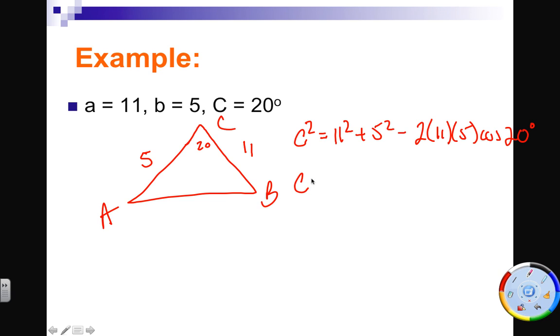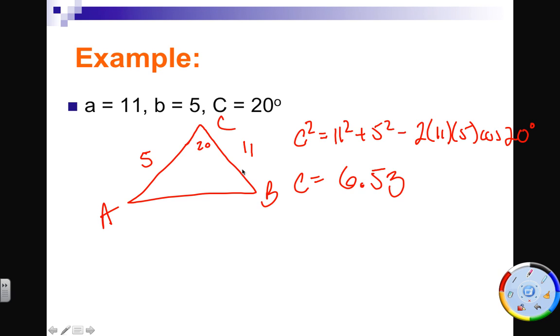If I take the square root of that, I get c equals, and you could do this all at once, by the way, square root of 11 squared plus 5 squared minus 2 times 11 times 5 times cosine of 20. I make sure my calculator's in degrees. I hit enter, and I get c equals 6.53. Now, here's where things get a little interesting.